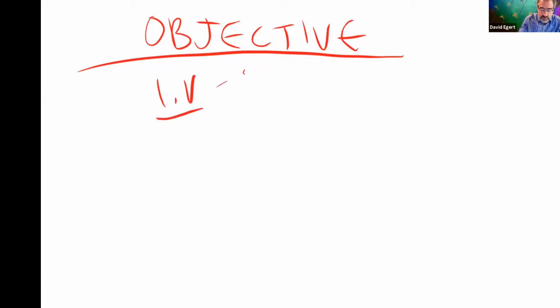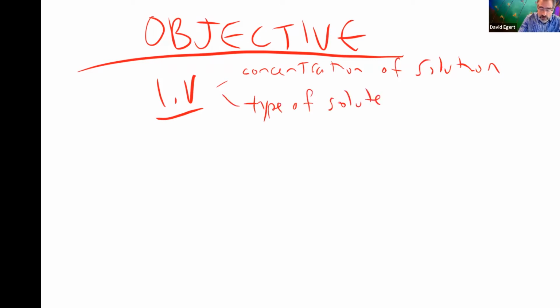One is the concentration of the solution that we're putting the cell into. And the other one is the type of solute, right? Because those are both going to play important roles.